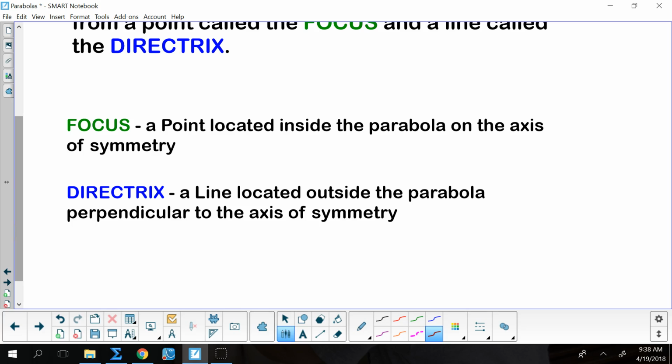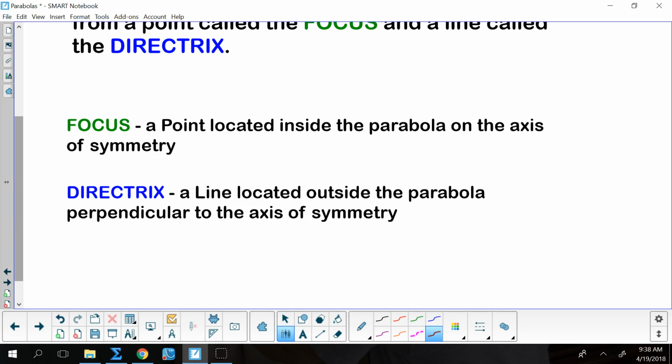We shorten it up to AOS. Normally, we would call that the folding line. It's the line that you can fold the parabola on and you get the same thing. But because we did a bunch of folding with your wax paper, I'm going to call it the mirror line today. If I were to stick a mirror on that line, we would get a mirror image on the other side.